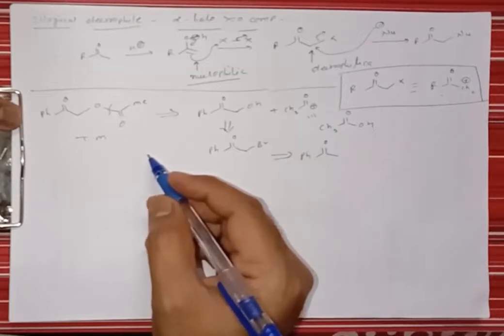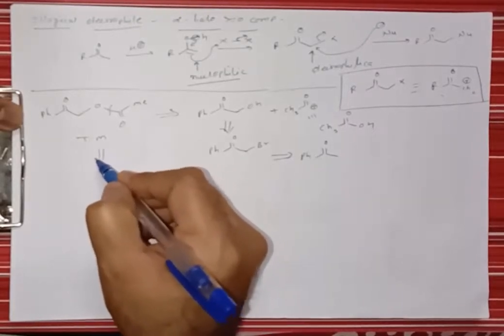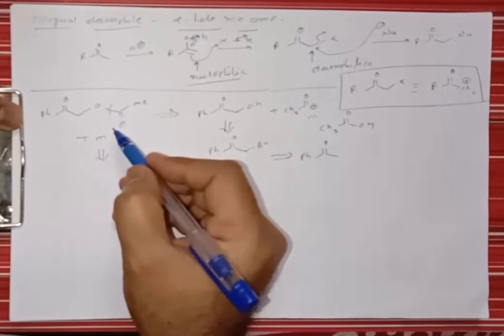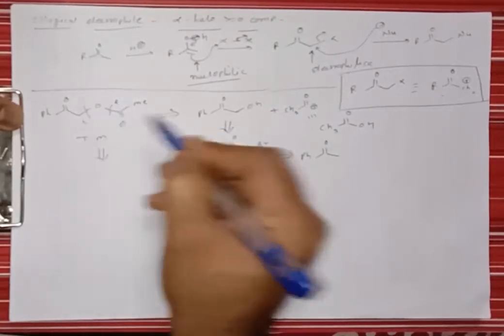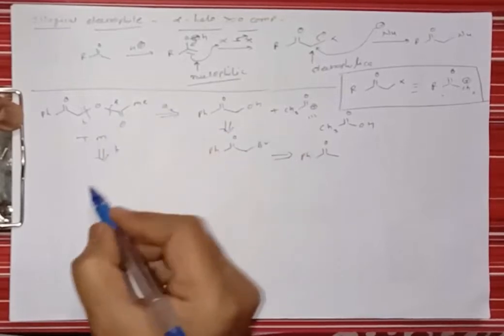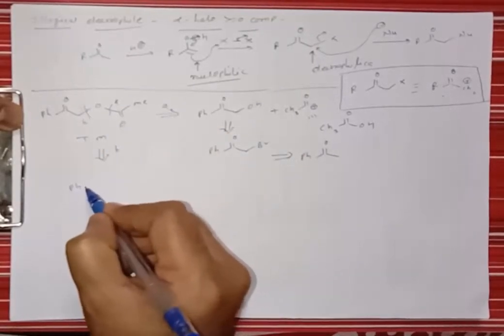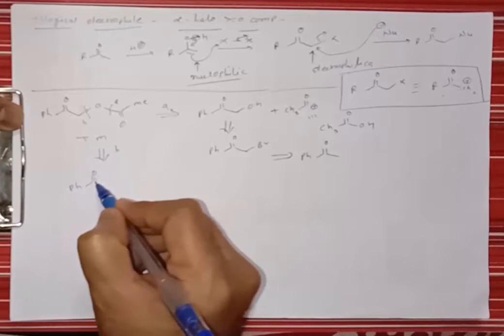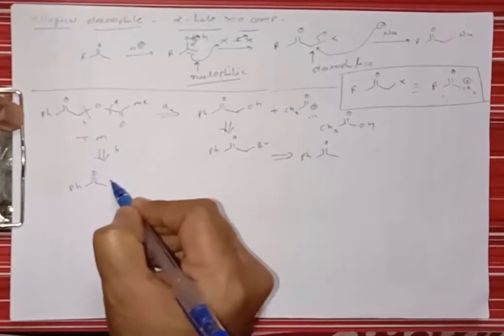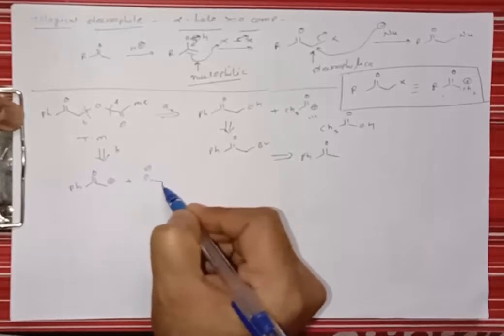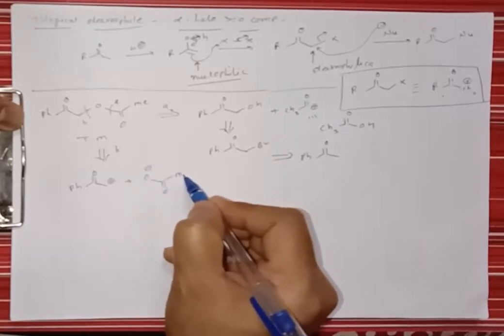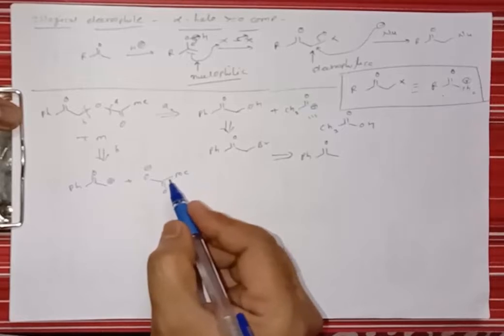Then another route, if we break this molecule at this position, this is route A, this is route B. Route B gives PhC=O, CH2 containing a positive charge, along with O minus and COMe, right?